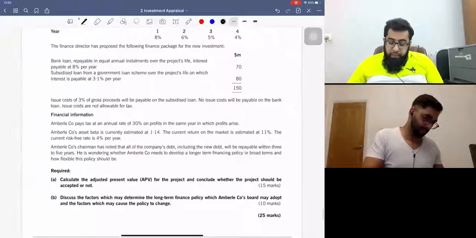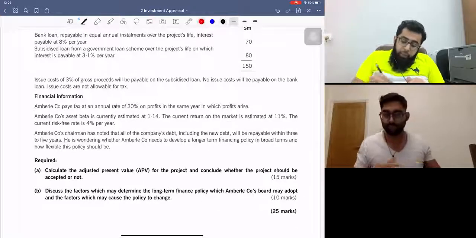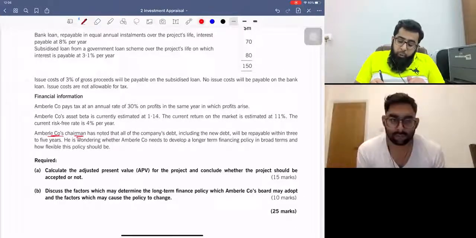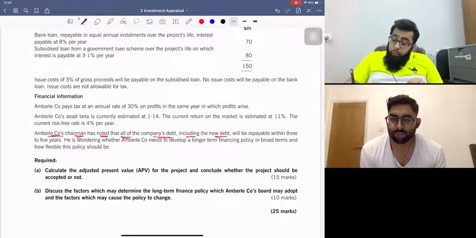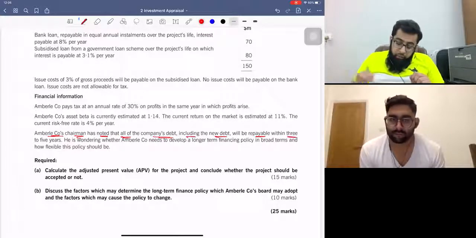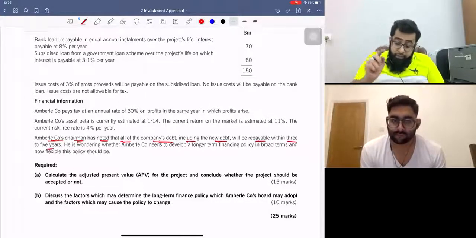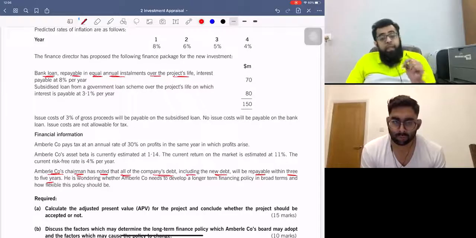Now that new adjustment is, if you read it here, the chairman had noted that all of the company's debt, including the new debt, will be repayable within 3 to 5 years. Yes, here it is. Bank loan repayable in equal annual installments over the project's life.